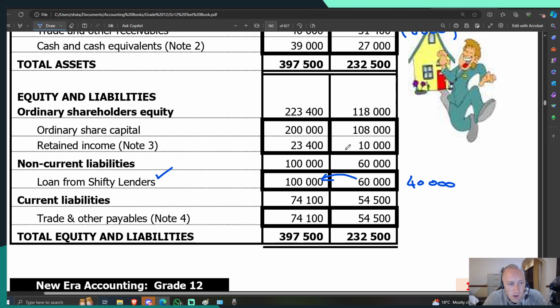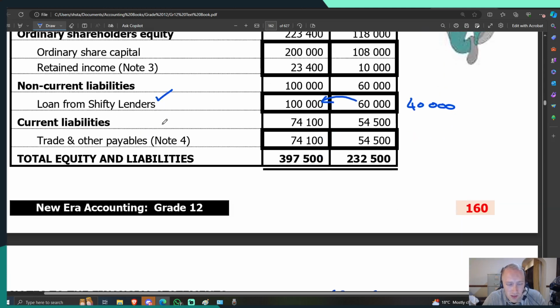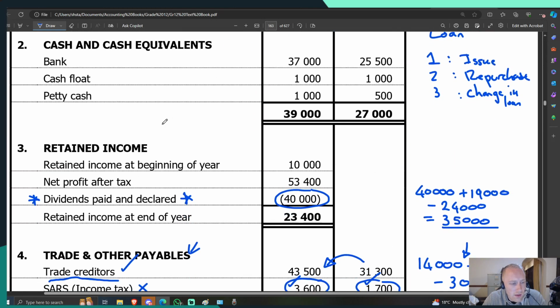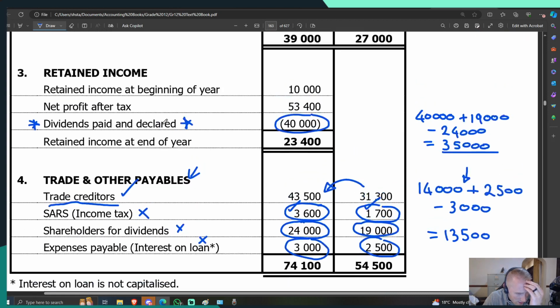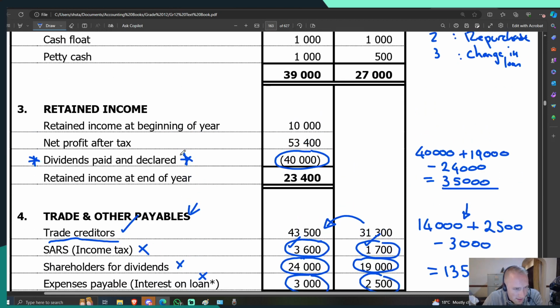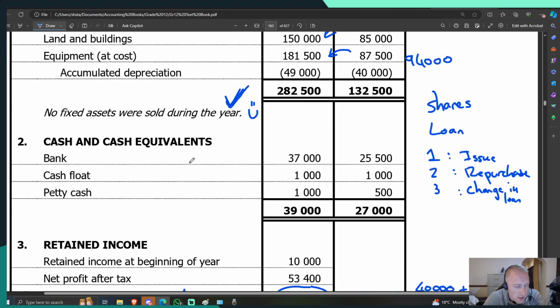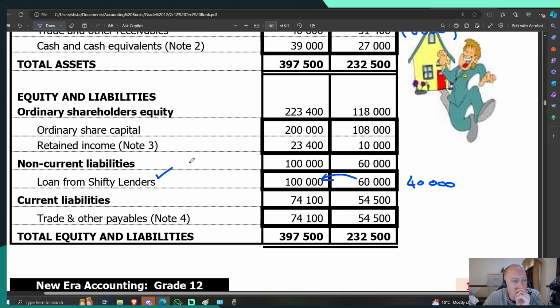Now let's see if we repurchased any shares. Oh, I've gone blank. How do we see if we had repurchase of shares? I guess it would be if ordinary share capital changed.